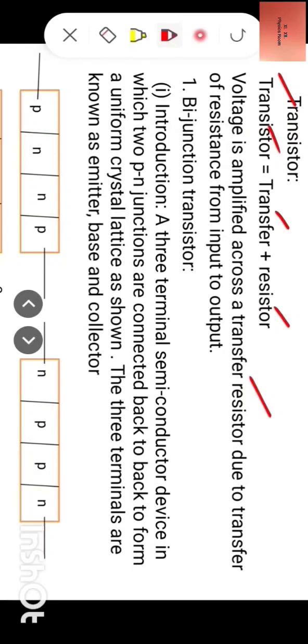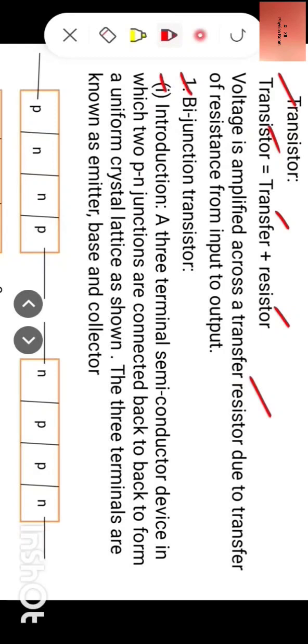There are many types of transistors: bipolar junction transistor, unijunction transistor, field effect transistor. Here we are going to study the bipolar junction transistor. Introduction to the bipolar junction transistor.